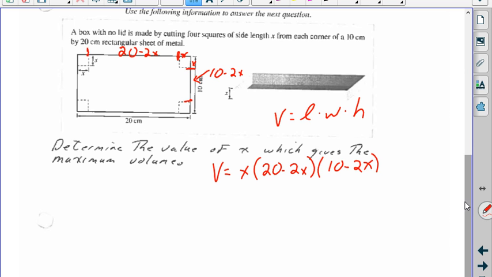Maximum volume. If this was a quadratic, we could find maximum by completing the square. But we don't have that ability in this case. So once we've got the equation, this becomes a calculator question.